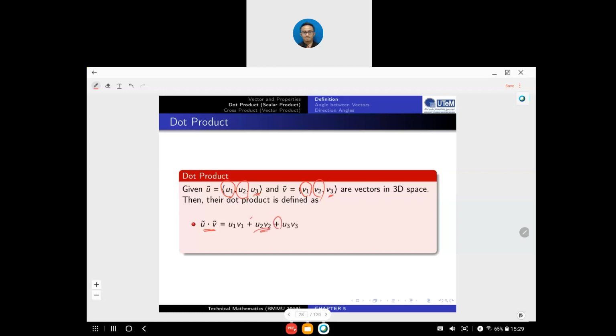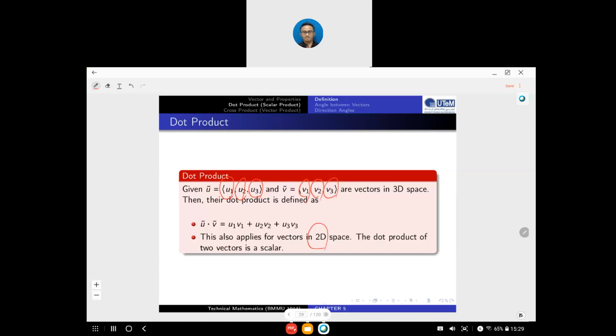So you get the value of the dot product. That is the dot product. This also applies to 2D space, the same thing. That means i times i, j times j, k times k, and you sum all these items to get the product. If you do the dot product of two vectors, you get a scalar, a number. It is no longer a vector.